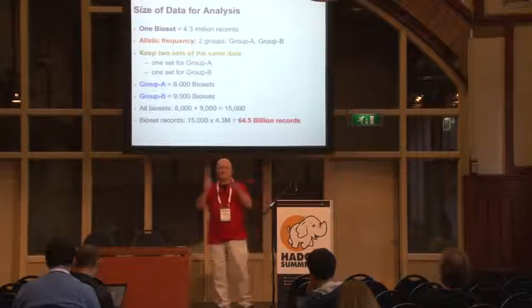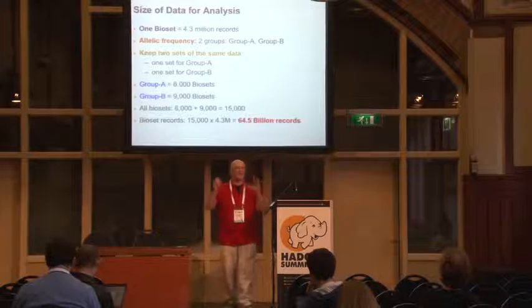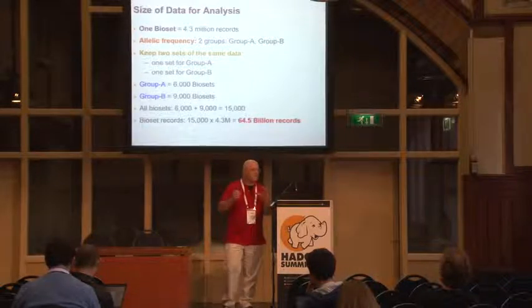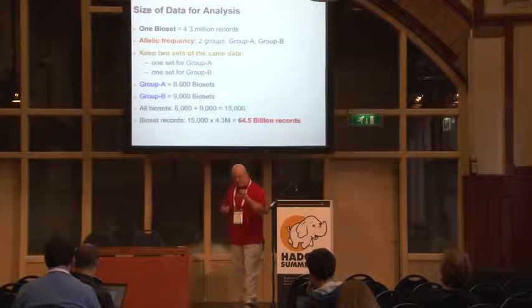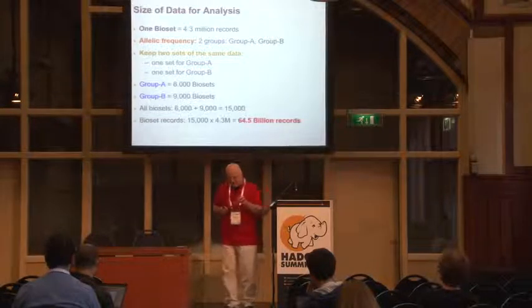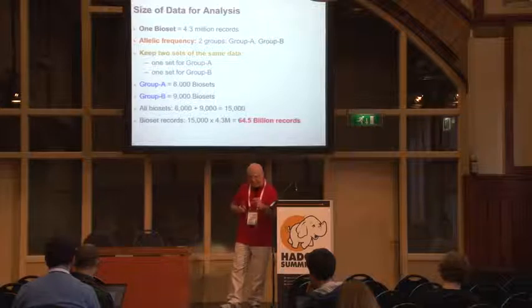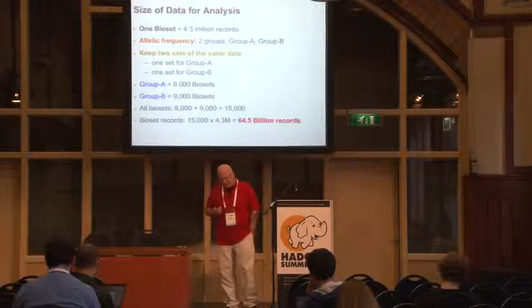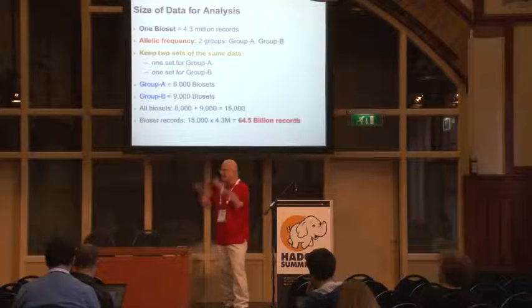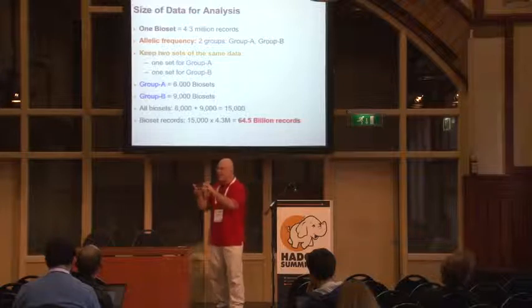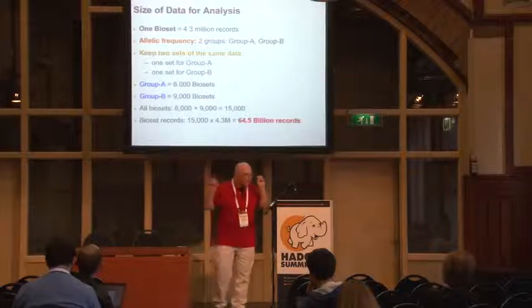The next slide is talking about the size of the data. What is involved in this analysis? I have given a very simple example here showing that one bioset is 4.3 million records. And to do the allelic frequency, you have group A and group B. And note that in group A and group B, I can use the same biosets.